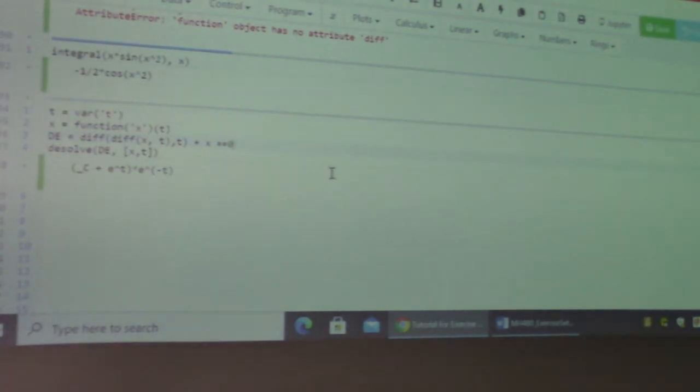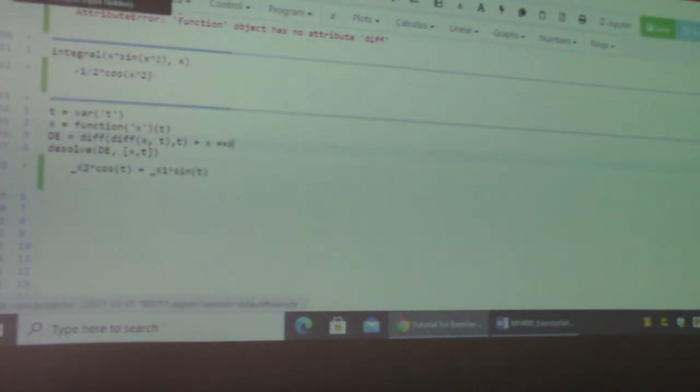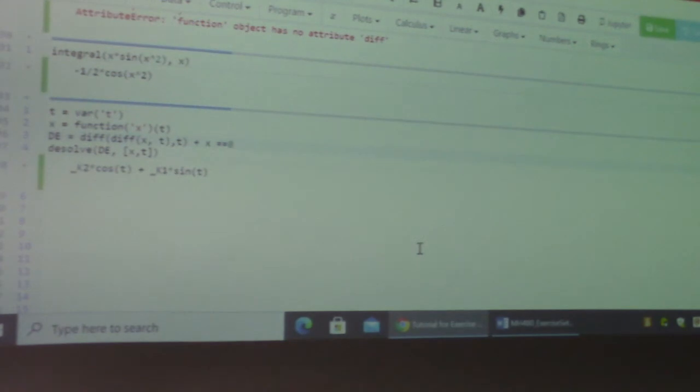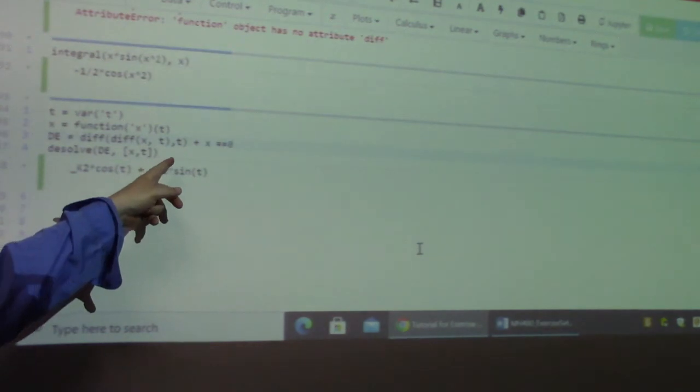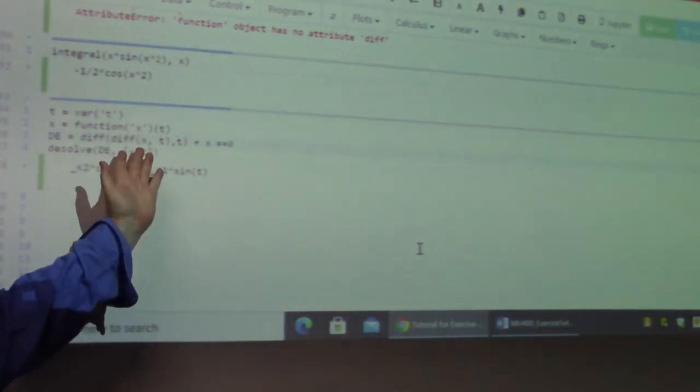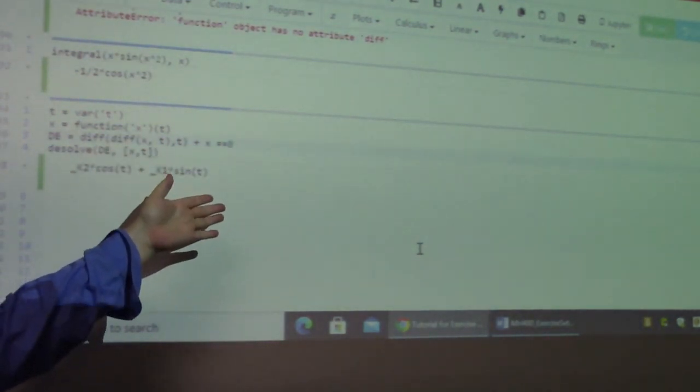Maybe. I guessed right. So this code would be the derivative of the derivative plus x equal to 0. So this is like x prime prime plus x equal to 0.